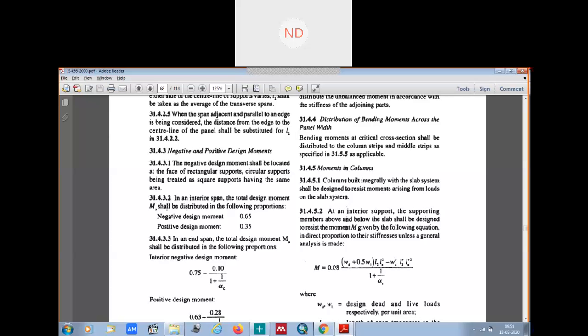Okay, so what is the MU? In an interior span, the total design moment MO shall be distributed in the following proportion. For the negative design moment, 0.65, and for the positive design moment, 0.35.